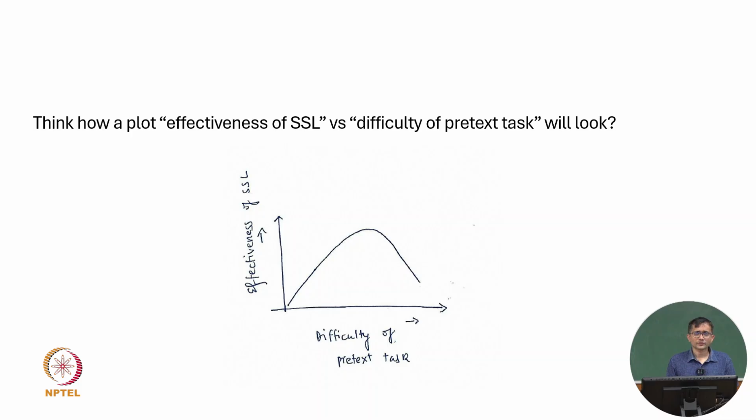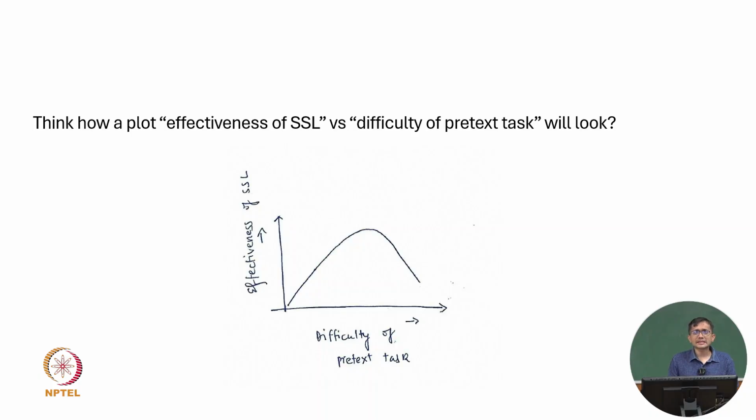Why is it so? This is because if the pretext task itself is very easy, then there is nothing for the network to guess, right? And if there is nothing for the network to guess, the network doesn't need to adjust its weights.